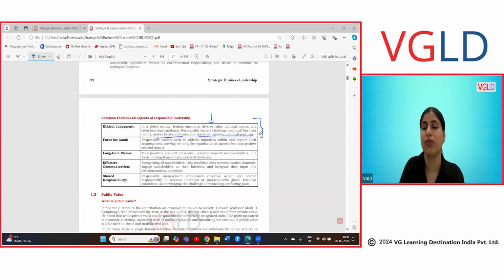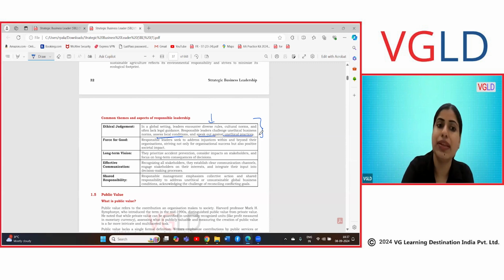If I am not in a position to communicate what I am thinking and what I am planning, I am not a good leader. And again, shared responsibility. It is my responsibility to acknowledge the areas which could be challenging for my business area.